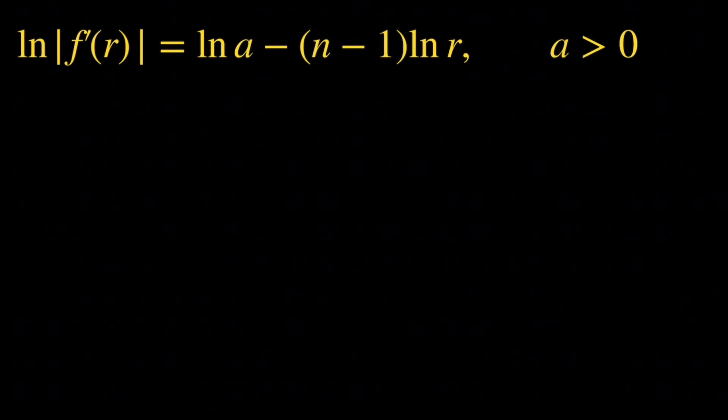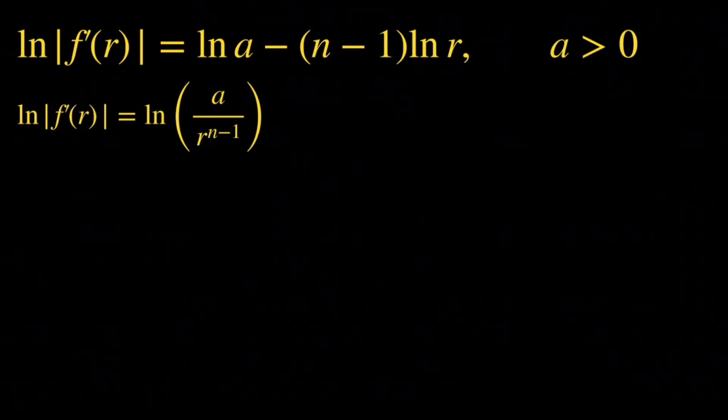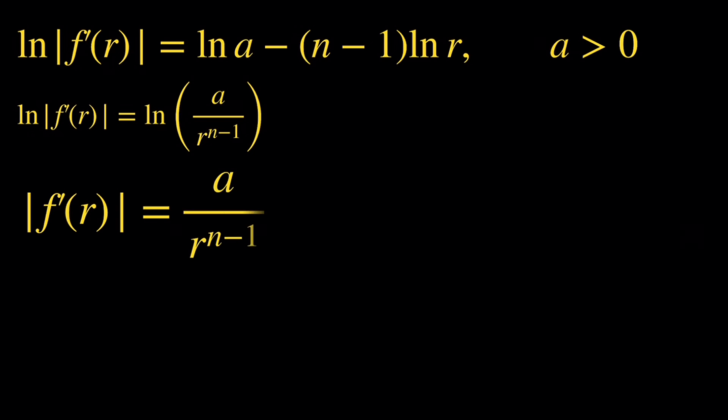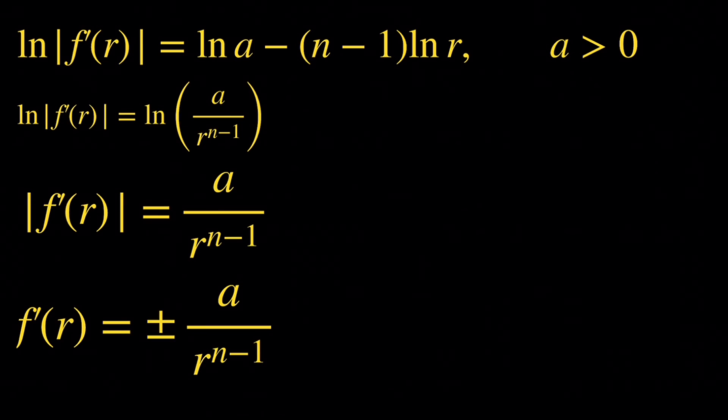Okay, now if we undo the logarithm by using the exponential, we're going to get that the absolute value of f prime of r is equal to a over r to the n minus 1. Or simply that f prime of r is equal to plus or minus a over r to the n minus 1. Now we can integrate this again.